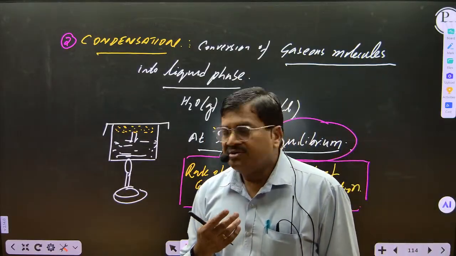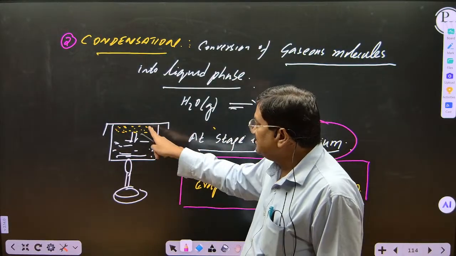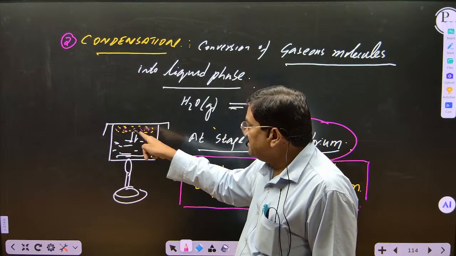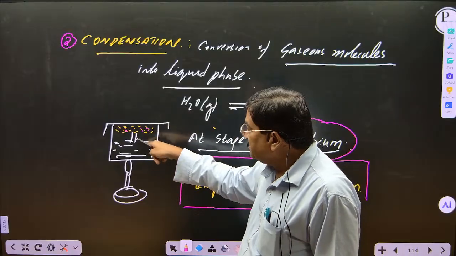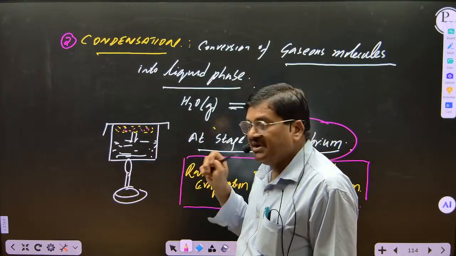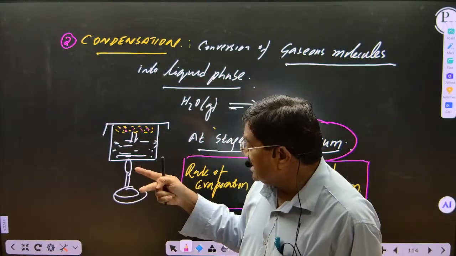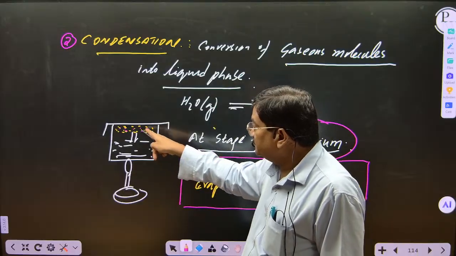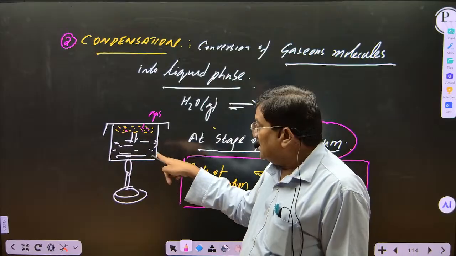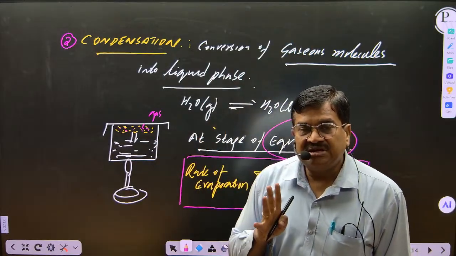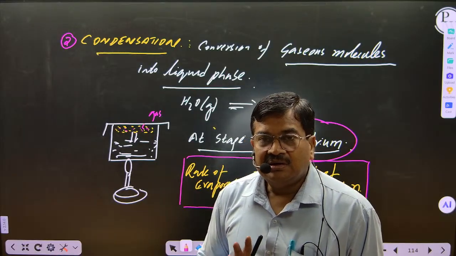It is the pressure exerted by vapor. This is the vapor, the gaseous molecules which have been transformed from liquid. They are exerting pressure on the surface of the liquid. The pressure exerted by the gaseous molecules on the surface of the liquid at a given temperature, keeping temperature constant, we call vapor pressure.